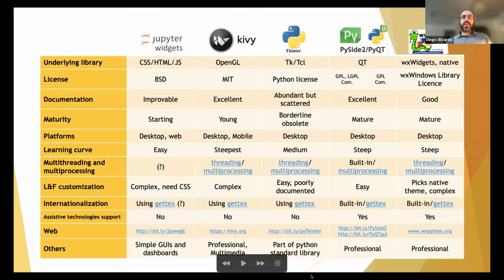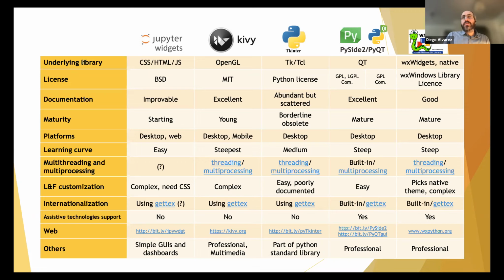So this is the table. You will not find this table in many places, so I hope that you appreciate the information that it contains. It summarizes what I think are the 6 most relevant GUI toolkits out there for Python.